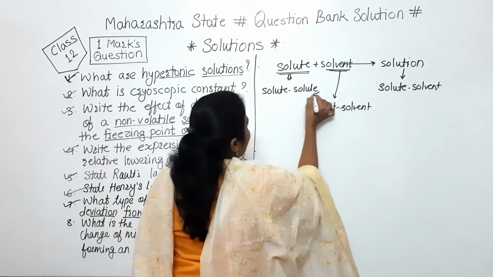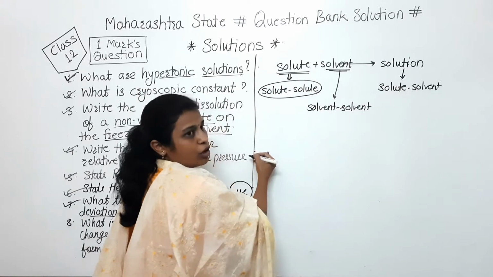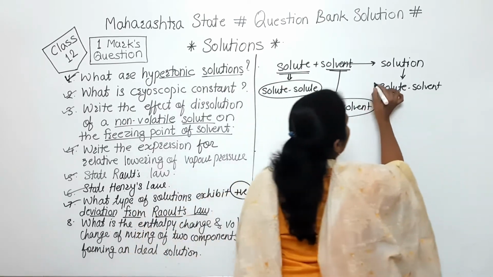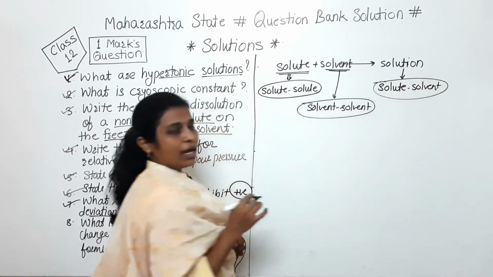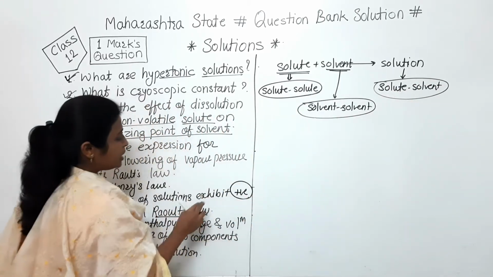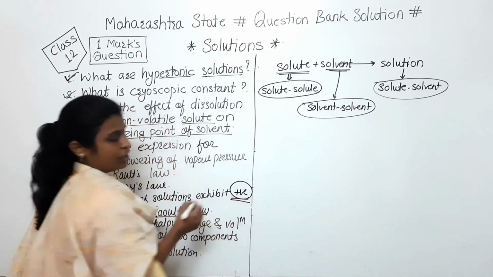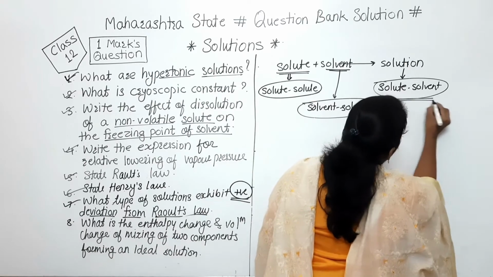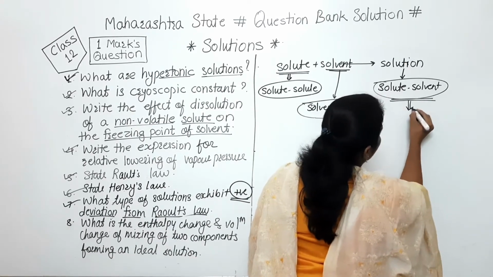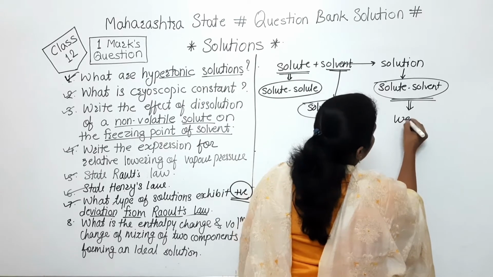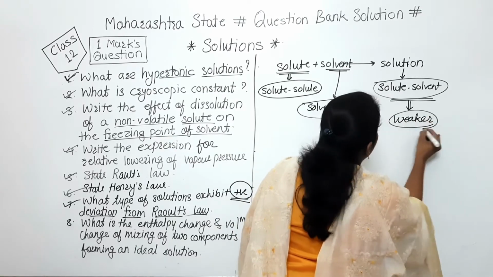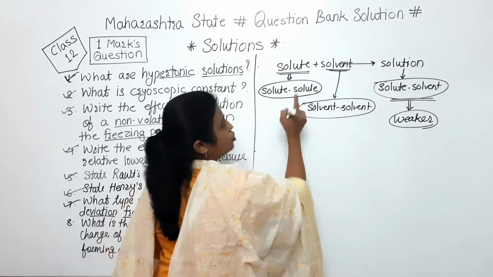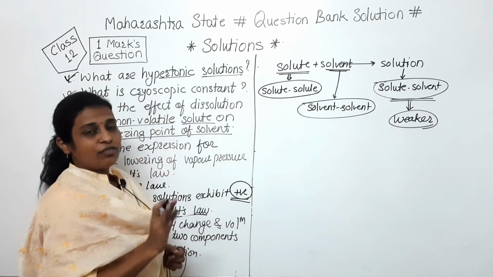So now see here, we consider solute-solute intermolecular attraction, solvent-solvent intermolecular attraction, and solute-solvent intermolecular attraction. When does this solution show positive deviation? Simply, when the intermolecular attraction between the solute and solvent molecules is weaker than the intermolecular attraction between the solute particles and between the solvent particles, and that is the final answer.